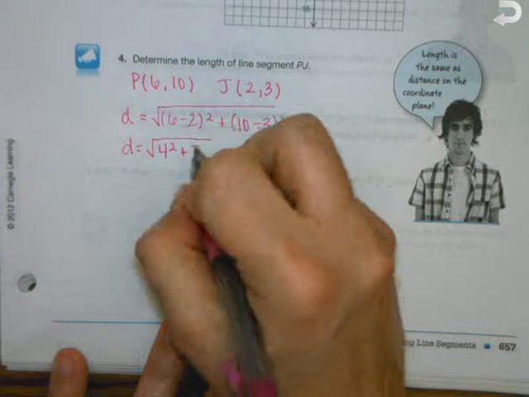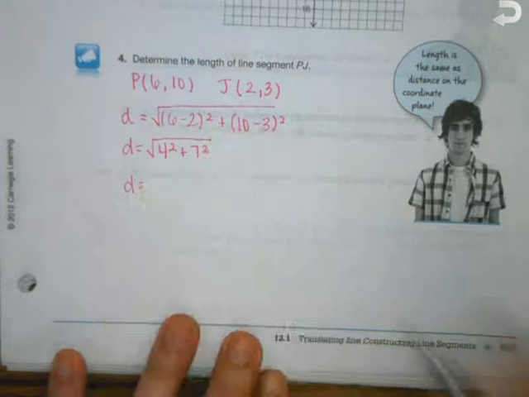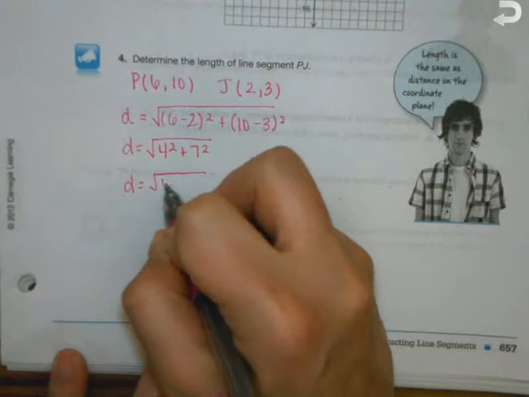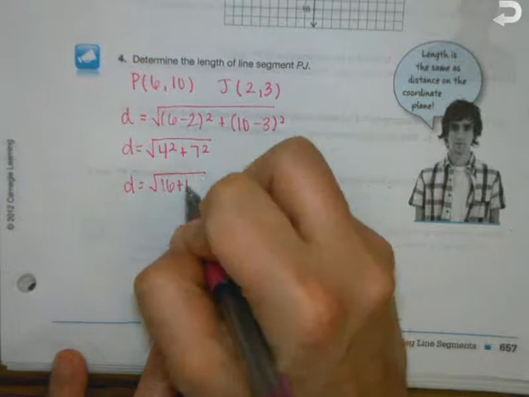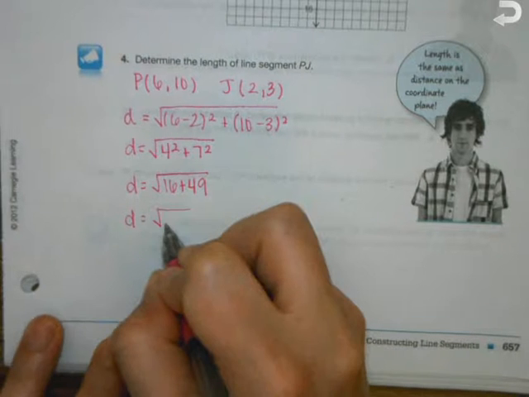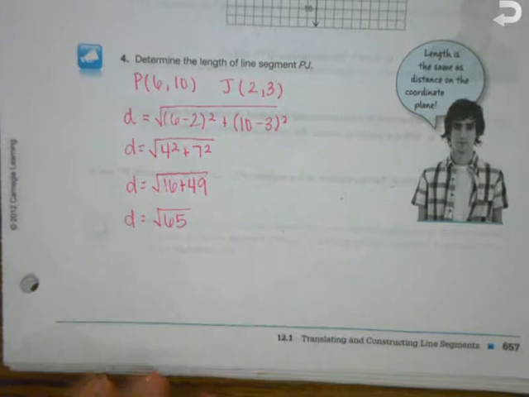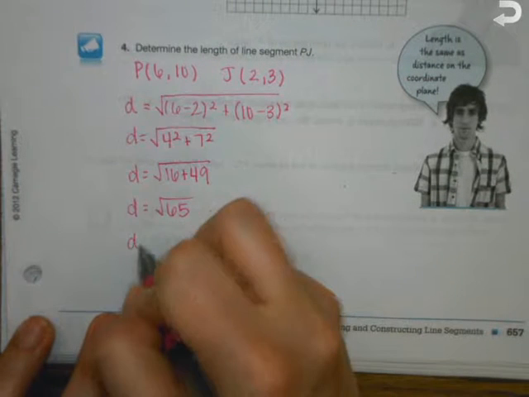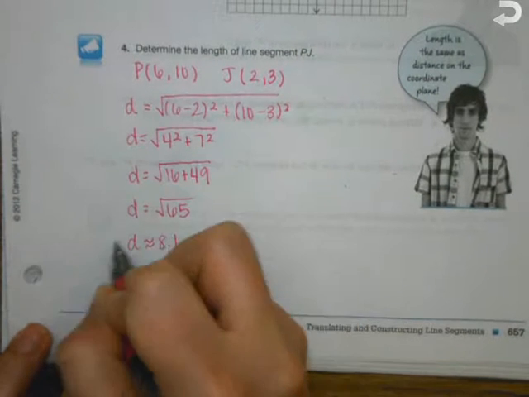So D equals, 4 squared is plus what? Okay. And that all comes out to the square root of 65. We actually just did this. What did the square root of 65 come out to? Approximately 8.1. Good. Okay, any problems with that?